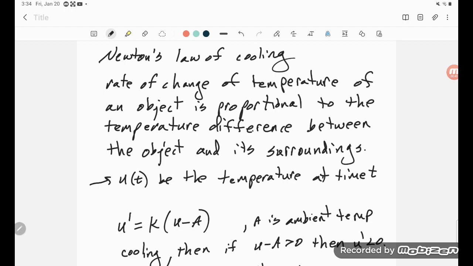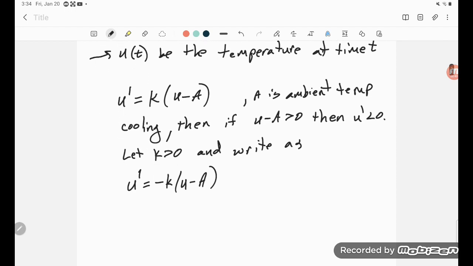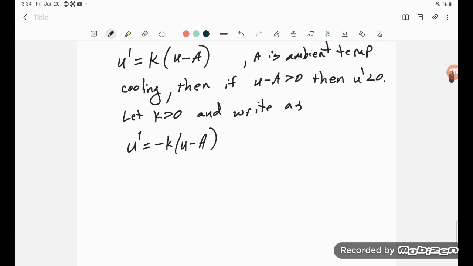be the temperature at time t, then what that's saying is U prime, the derivative, is equal to some constant of proportionality times U minus A. A is the ambient temperature or the surrounding temperature. Now, in the textbook, and this is reasonable, if you're cooling, then if the temperature of the object is greater than the ambient temperature, in other words, U minus A is greater than 0, then the item should be cooling down.